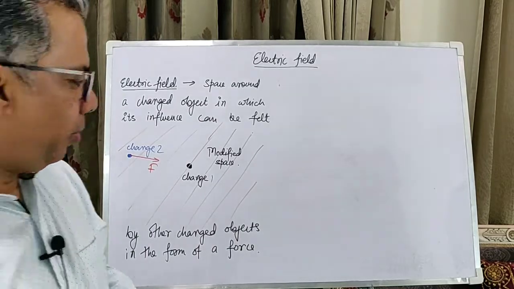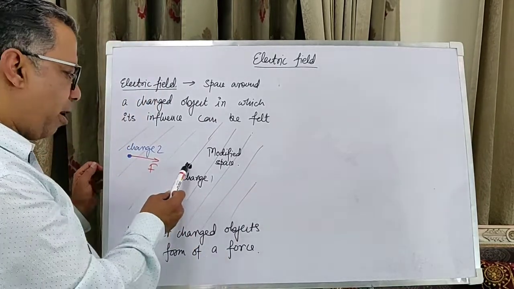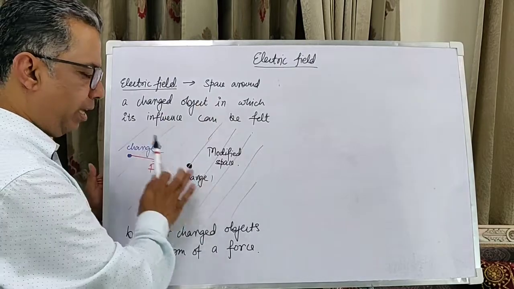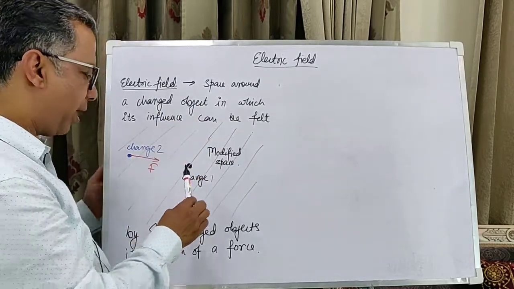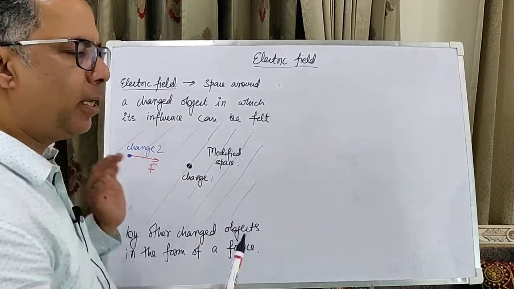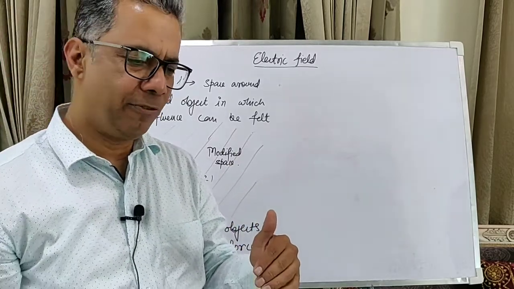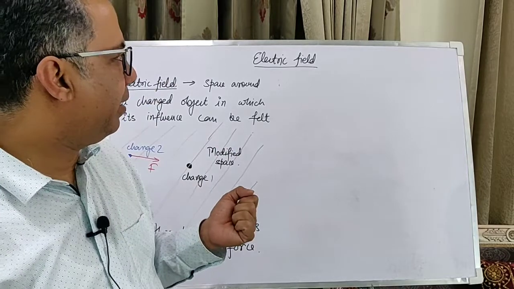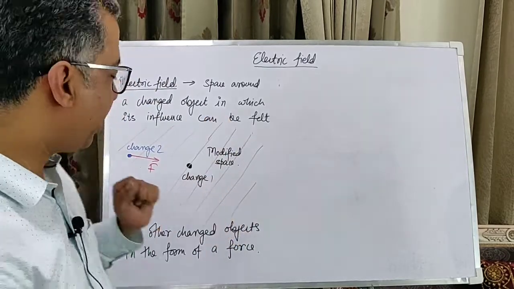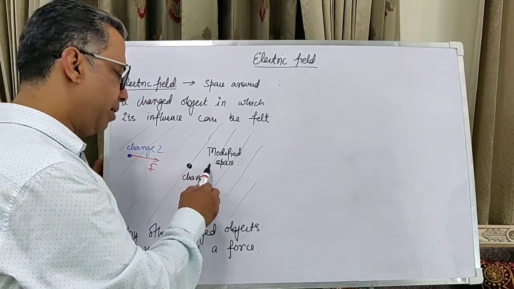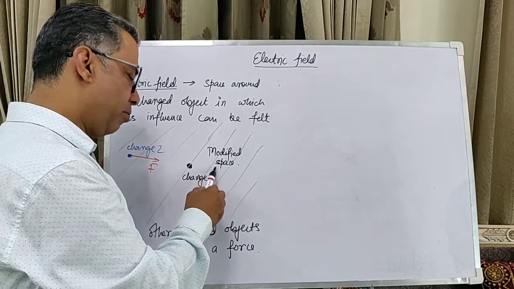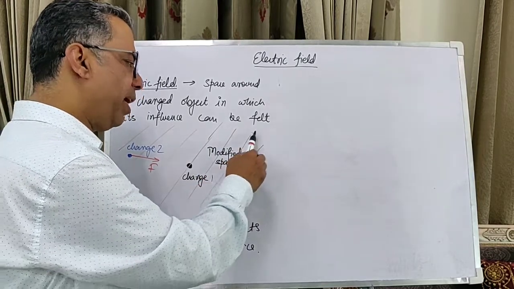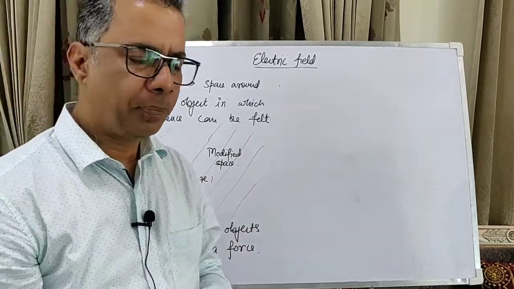Now when you're very close to a charge, this influence is very strong, and when you move away from it, this influence gets weaker. So this electric field is more intense or stronger when you're close to a charge, and as you move away, it weakens.